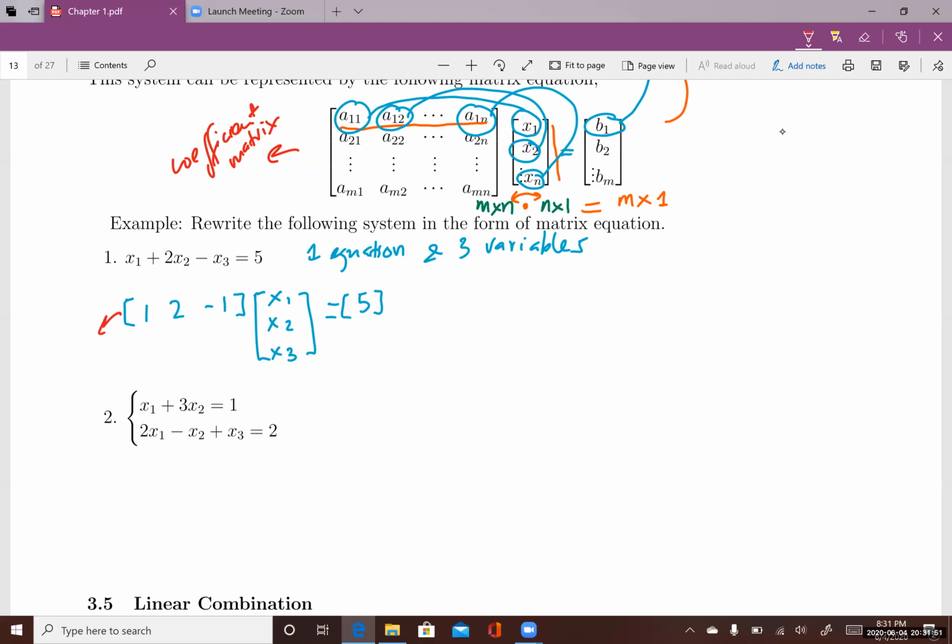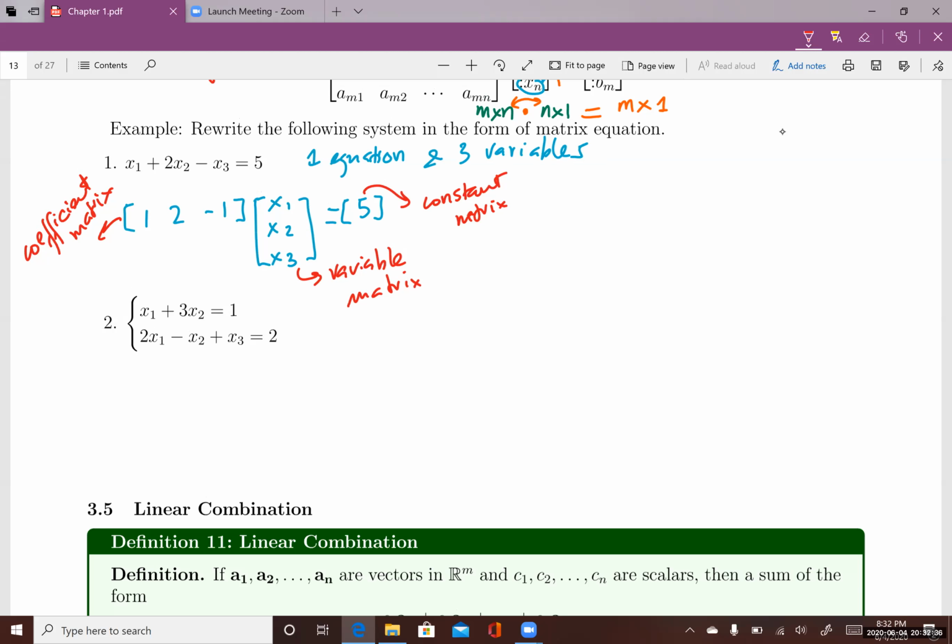Again, this is the coefficient matrix, this is your variable matrix or column vector, and this is your constant matrix or constant vector.